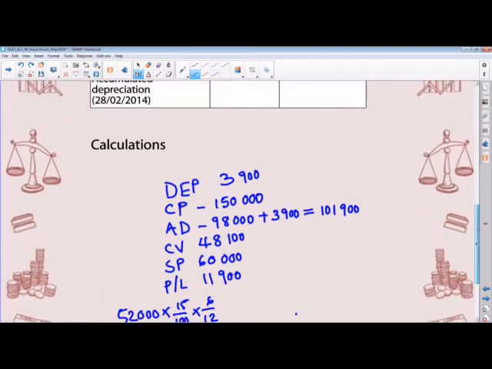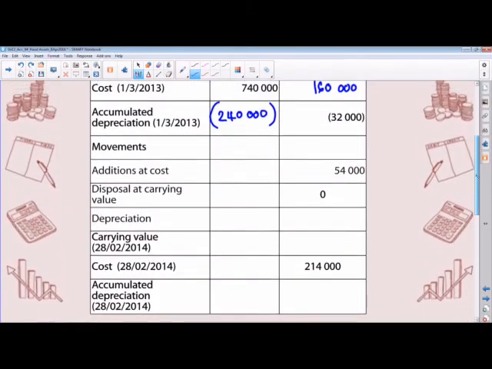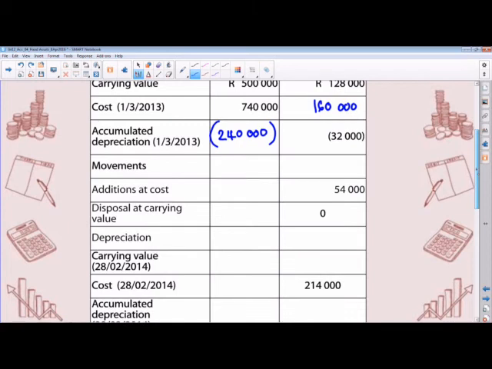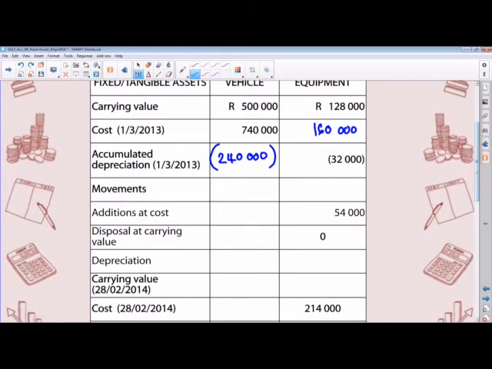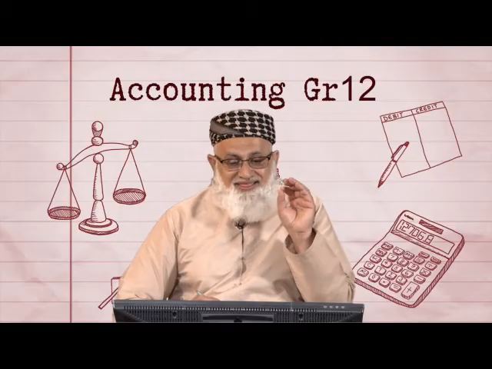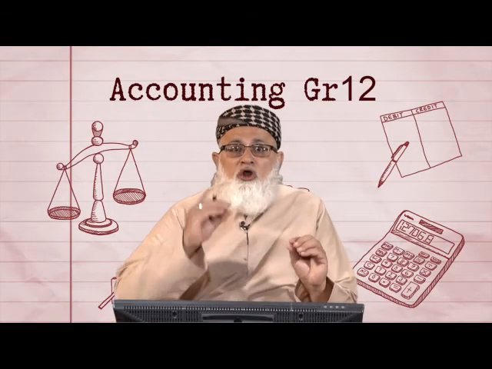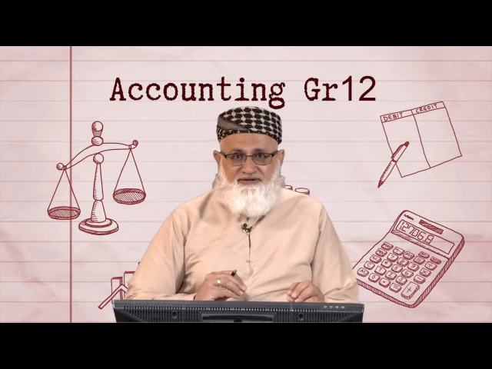Right, now let's use this information in our note that we are expected to complete. Watch. I start off my depreciation by putting in the 3,900. What was that? That was the depreciation on my sold vehicle.